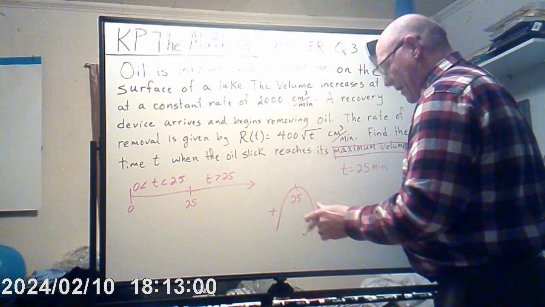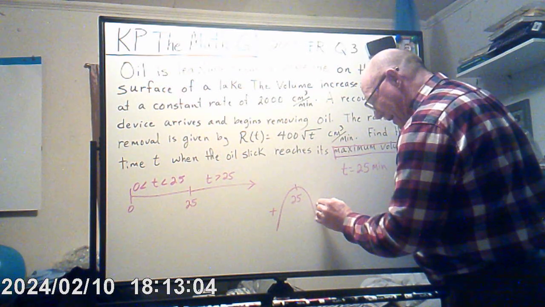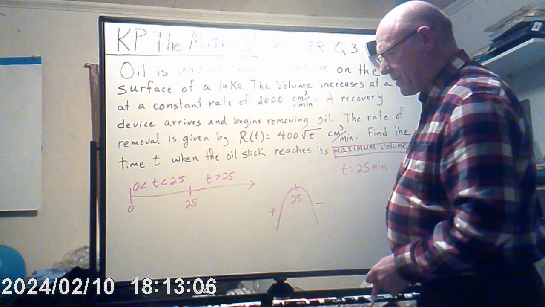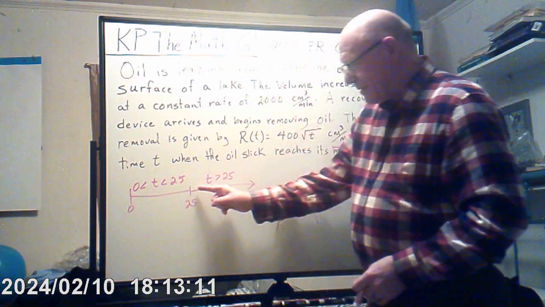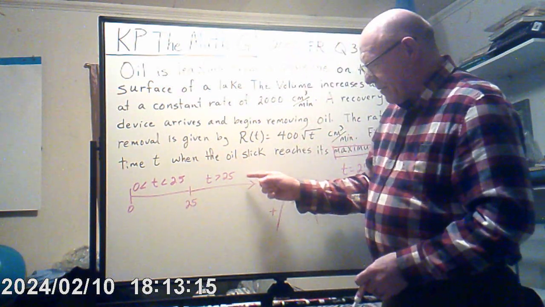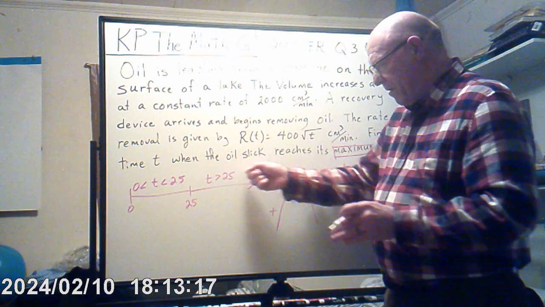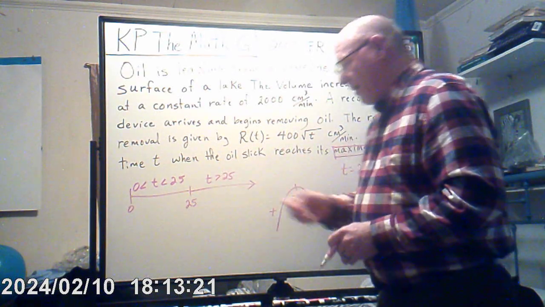Then past that it seems like we should be getting a negative answer. So we're looking at the interval t between 0 and 25, and then t greater than 25. We don't have a certain upper limit, just t is greater than 25.